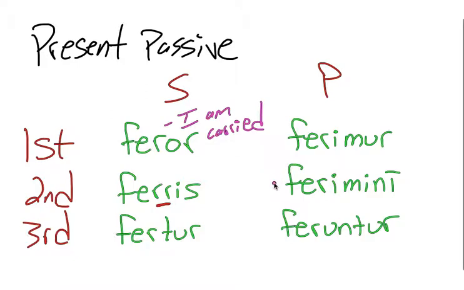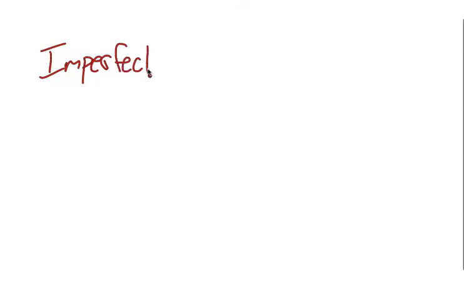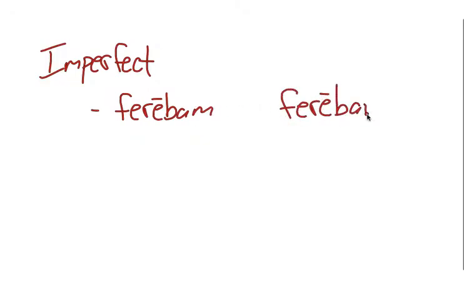And then after that, it actually gets pretty regular. Imperfect looks just like third conjugation, so it would be ferebam for active, and ferebar for passive.